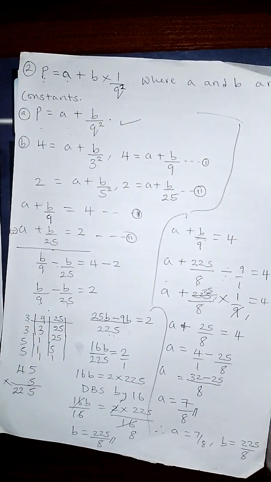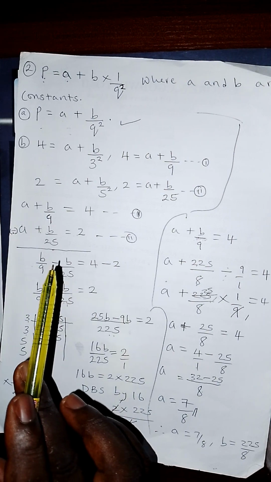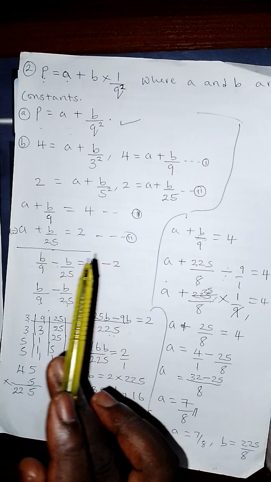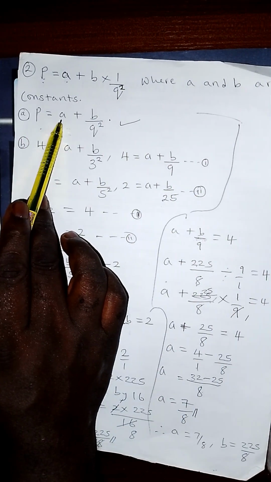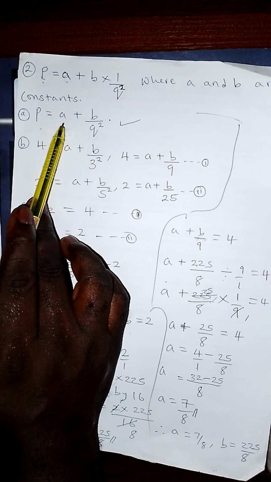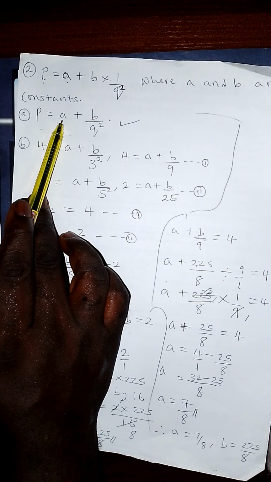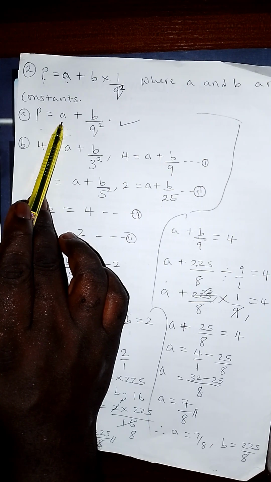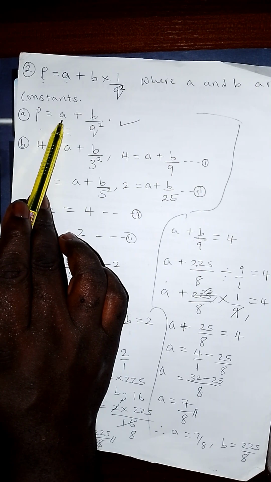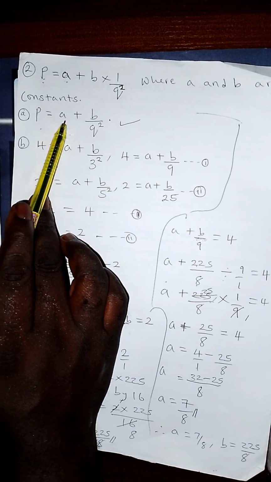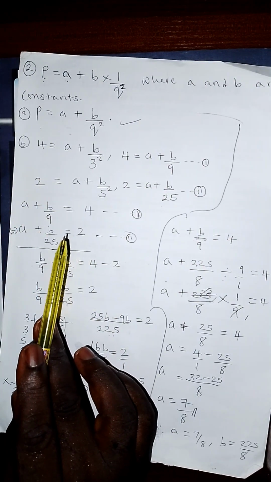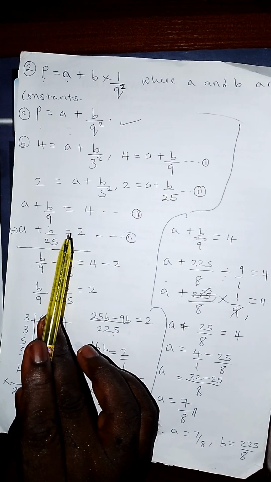There are times the question could say that the quantity of something varies this way. If the question did not say partly constant, it means that there will be a constant and a variable that is being mentioned. But the question started with partly constant, hence we put in a constant here. Your constant could be any letter you have decided to go for, but it must be specified, it must be mentioned, and it must be stated in your answer booklet or answer script, so the examiner or whoever is going to mark will know exactly what you're doing.